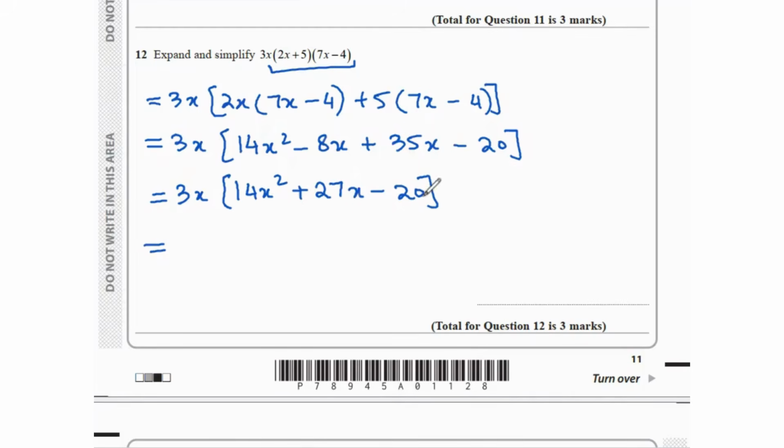Then you multiply 3x with all of the terms. So 3 times 14 is going to be 42. So 42x cubed plus 27 times 3, that's going to be 81. So 81x squared, and then minus 60x. This is your fully expanded and simplified answer.